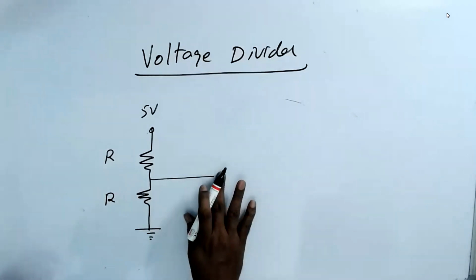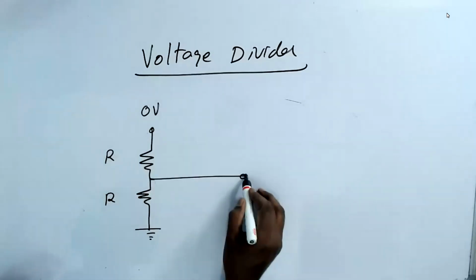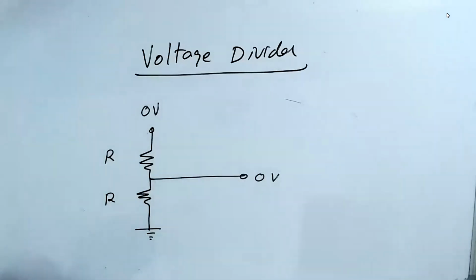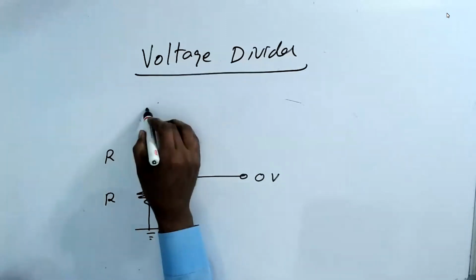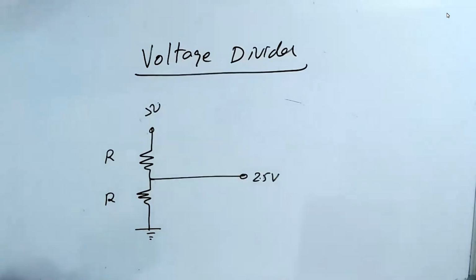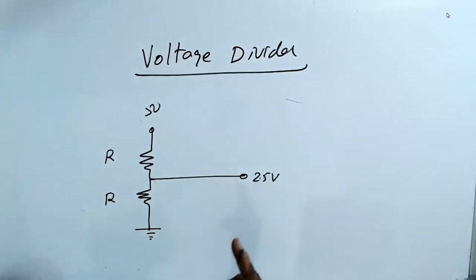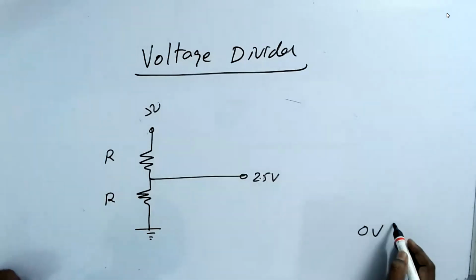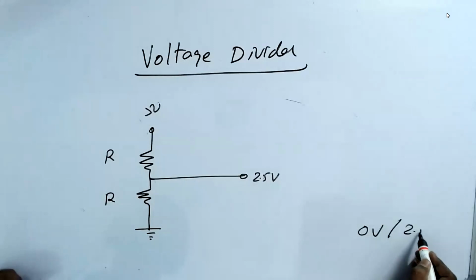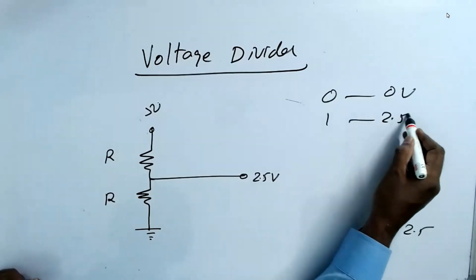Now, if I give 0 volt here, I get 0 volt here. If I give 5 volt here, I get 2.5 volt here. You understand now? I'm getting 2.5 or 0 volt. So 0 means 0 volt, 1 means 5 volt input giving 2.5 volt output.